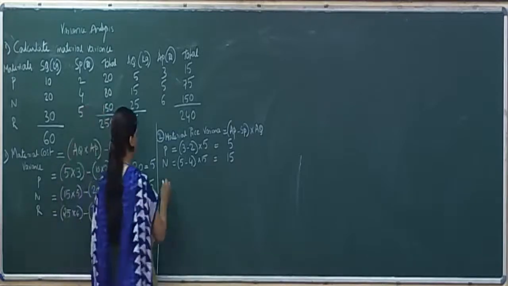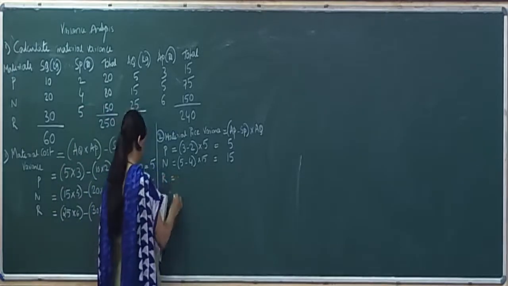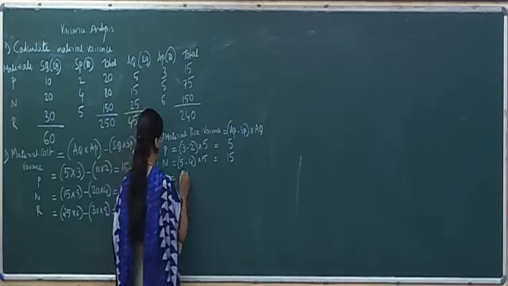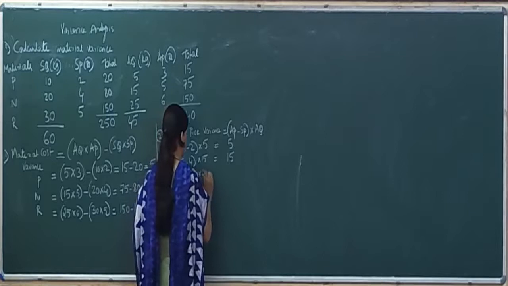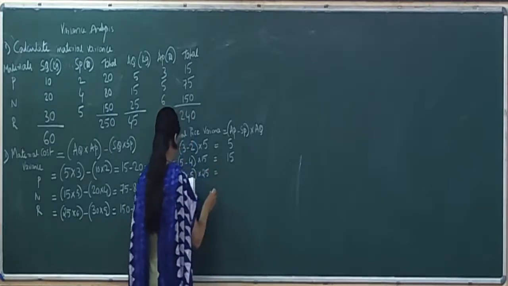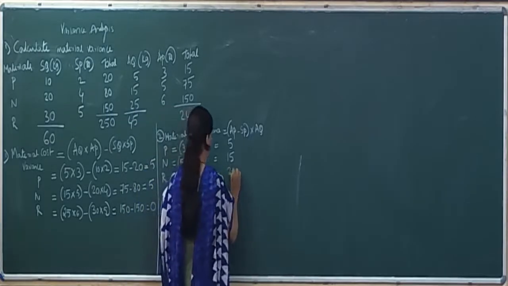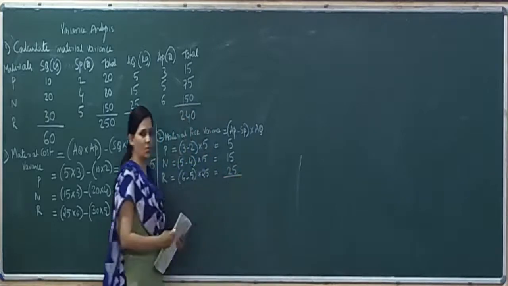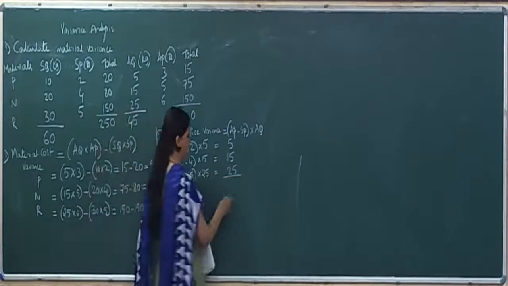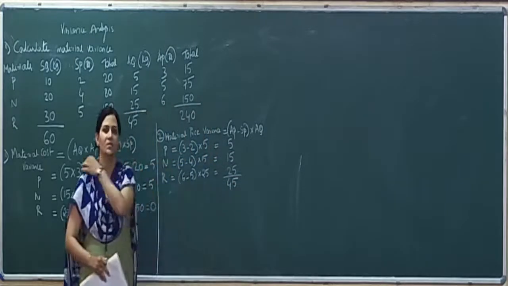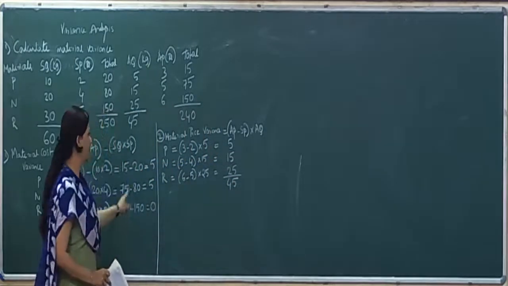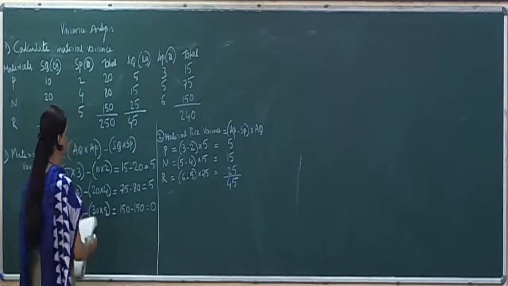Next one, so the total is coming to 45. So this is what we have found out, material price variance.